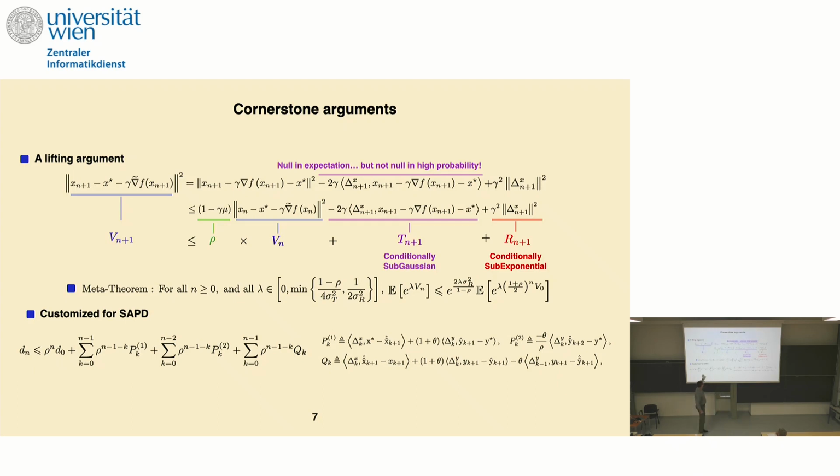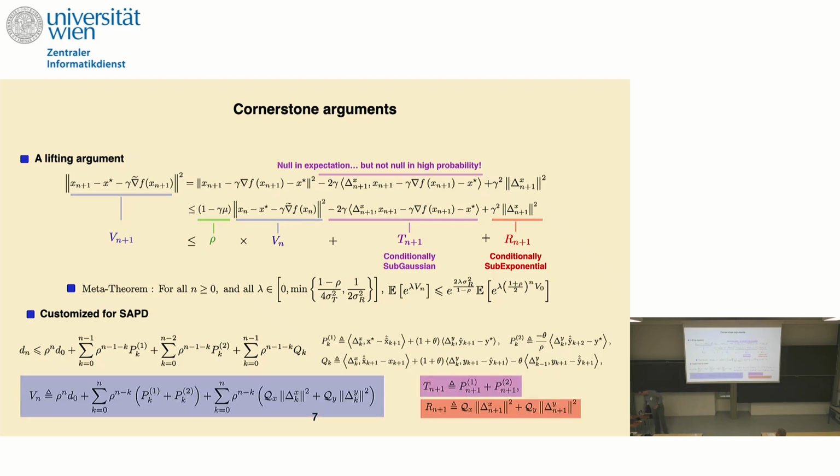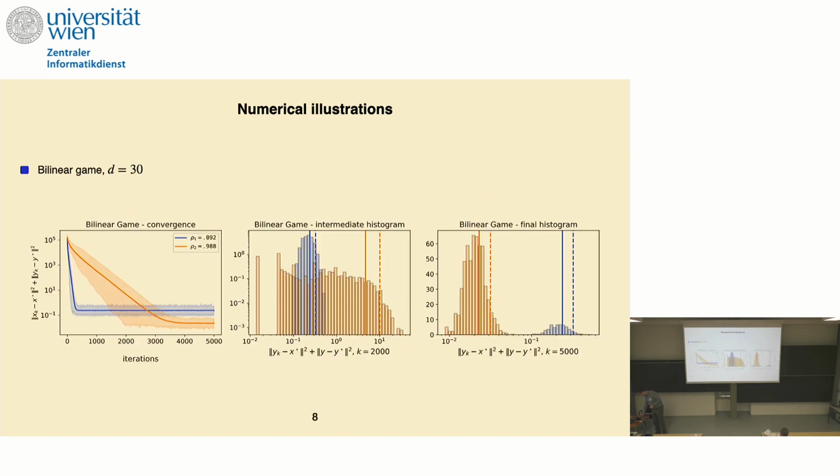But for minimax problems, it's not clear because these methods are not monotonic, so you need to construct some sort of Lyapunov function. After a lot of trial and error, there's a fancy Lyapunov function, and by applying this concentration inequality, everything builds on this recursion. It's a martingale type of result: if you have some contraction plus some error, you can control the moment-generating function.